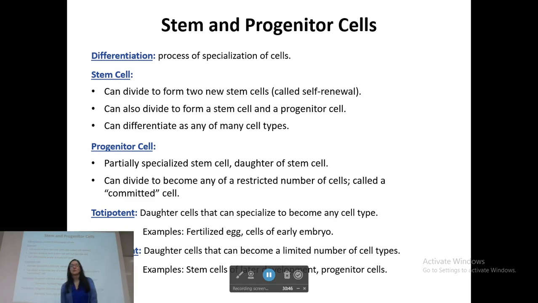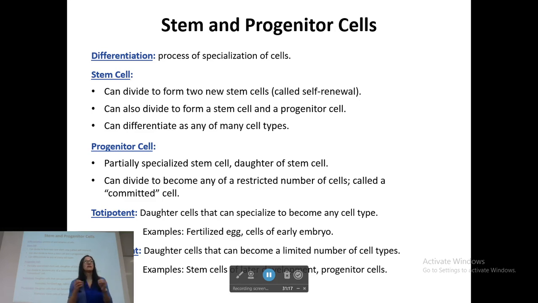So we have the term differentiation. Okay, so that is specialization of the cell. So once a cell is produced, then it specializes. It's going to become a certain type of cell. So we think about when you have a fertilized egg, the zygote. Okay, the zygote is an undifferentiated cell. It's just a fertilized cell.